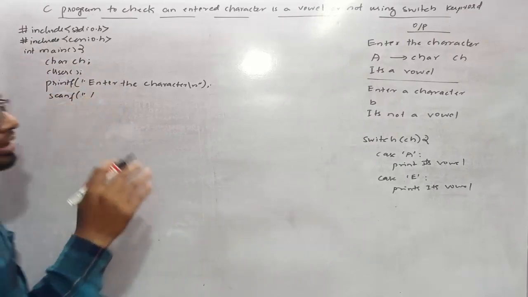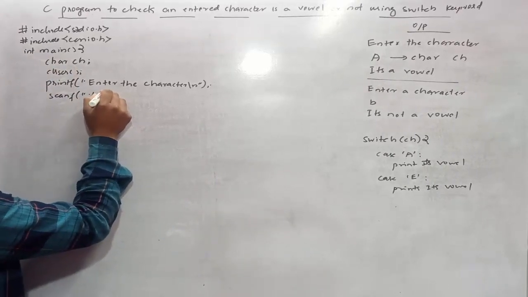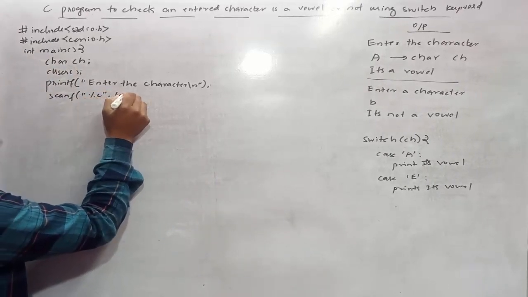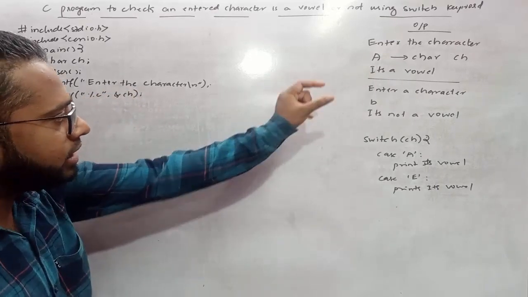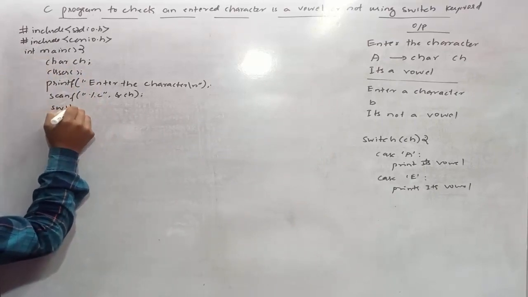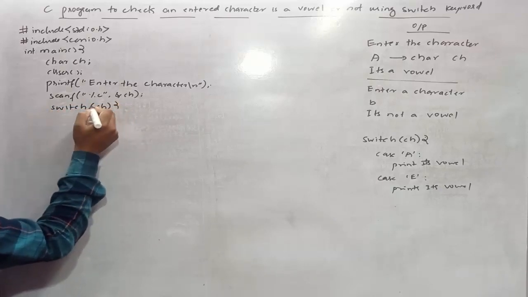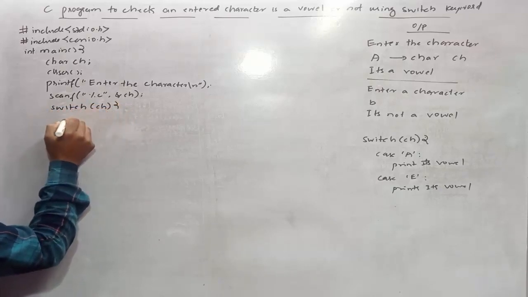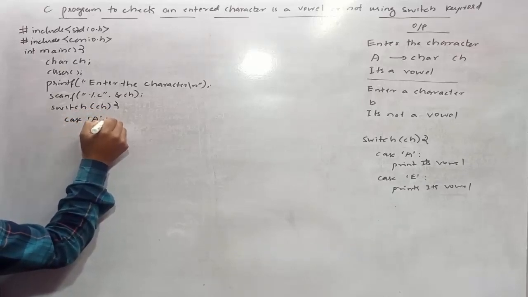Since I'm dealing with characters, I should use %c as the format specifier, and then &ch. Next, I need to pass that ch to a switch. Switch ch. Then I need to check the value of this ch with case 1, which is A.